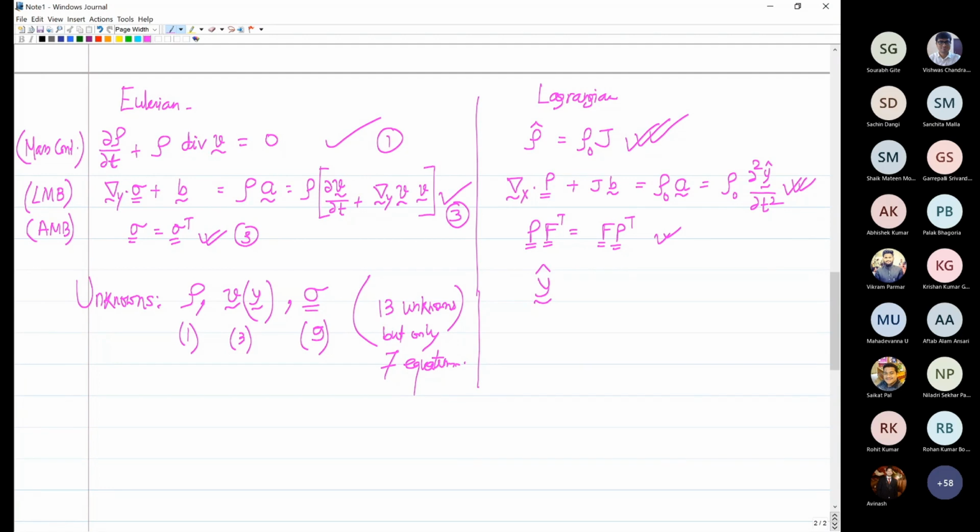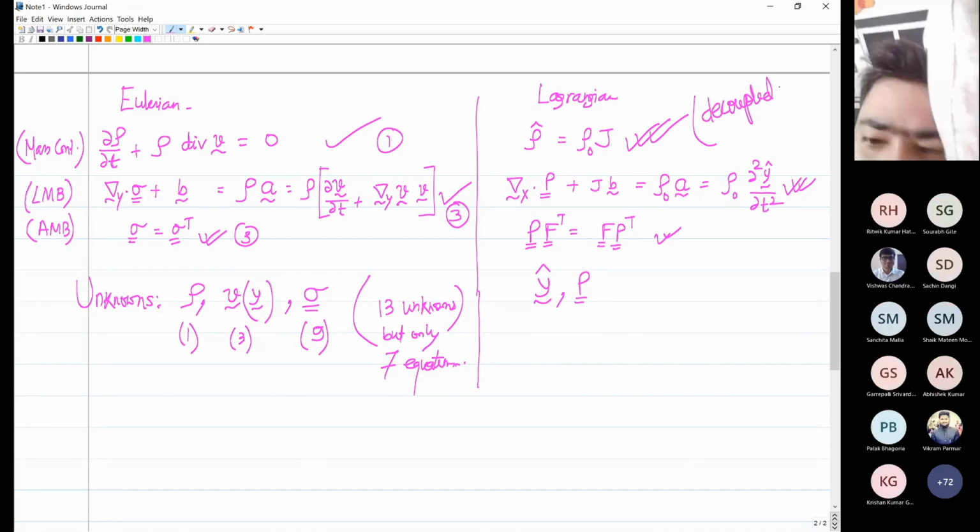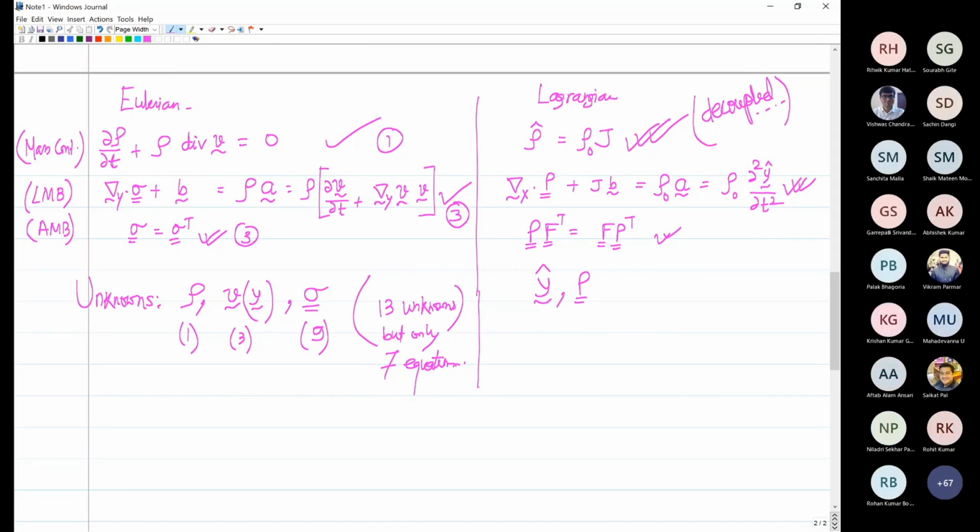All the kinematic variables you can know once you know y. So y is the primary unknown. And of course, p is also an unknown, right? And once you know y, you see that rho is not coupled with the other two equations. So you can think that this is decoupled. So in Lagrangian form, mass continuity is decoupled from the other two equations, in the sense that if you know y, you will be able to say what is rho.